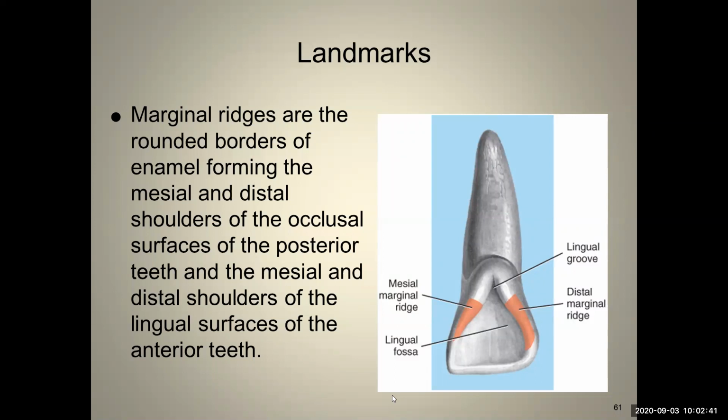They just look different. So this is a picture of an anterior central incisor. This is the mesial, and this is the distal, lingual, mesial, lingual. All right, and the marginal ridge is here. It's the rounded border of enamel forming the mesial or distal shoulder.